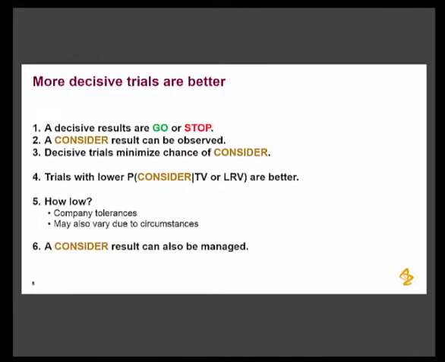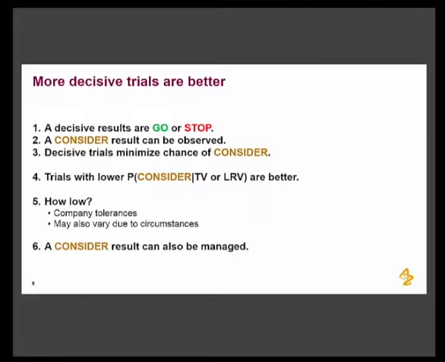So more decisive trials are better. If you spend a lot of money and you do an experiment, you want something that is going to tell you how you can go forward in development. So do you either stop development after that experiment, or do you go on to the next phase?